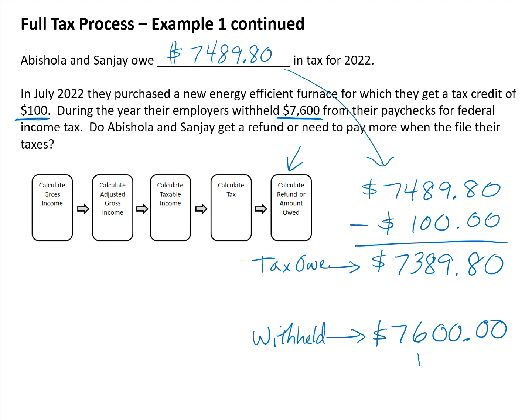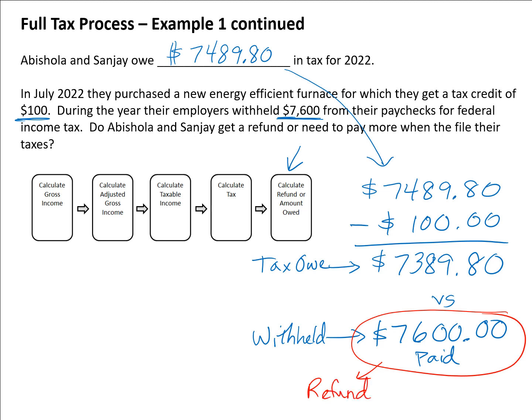So this is actually what's been paid. And so if you compare these two, they've actually paid more than they have actually owed for this year. Because they've paid more, that means they get a refund from the federal government. They get a refund because they paid too much.